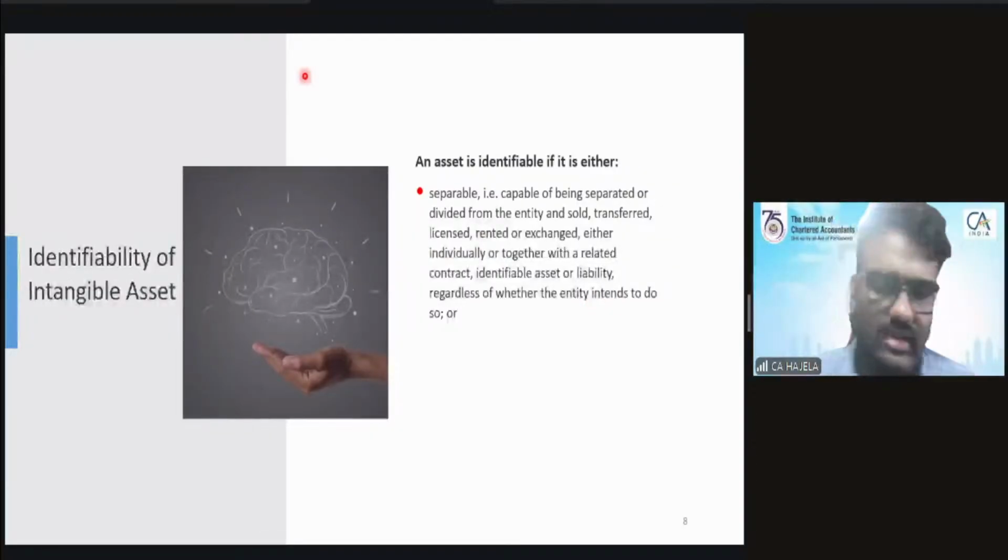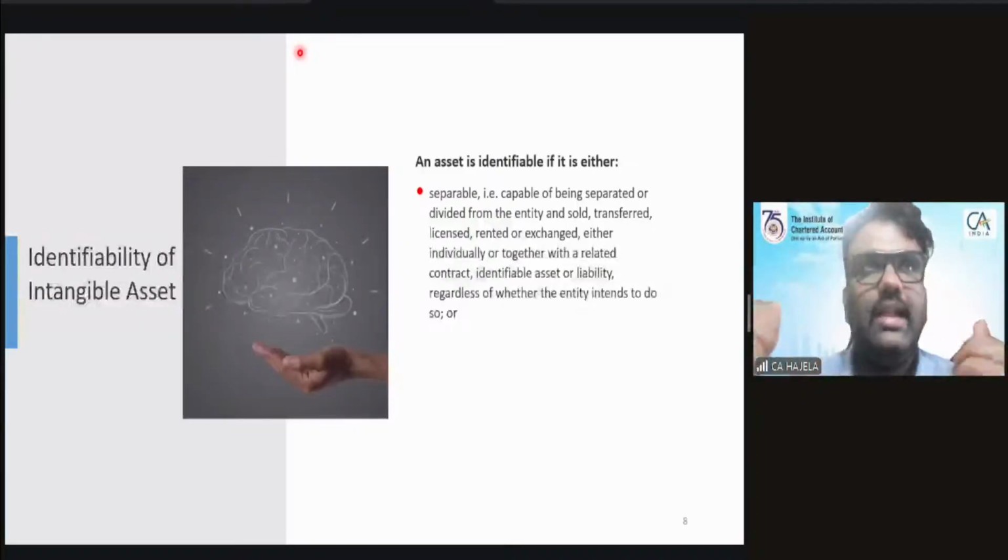A little technical aspect, but let me give you a very simple example. Let's say your company, whichever company you work for or you own or the practice you run, has exceptional employees.